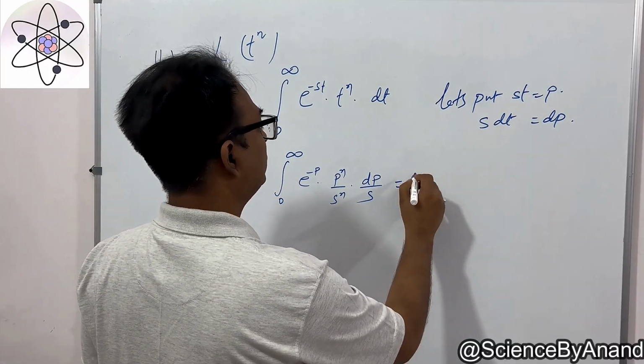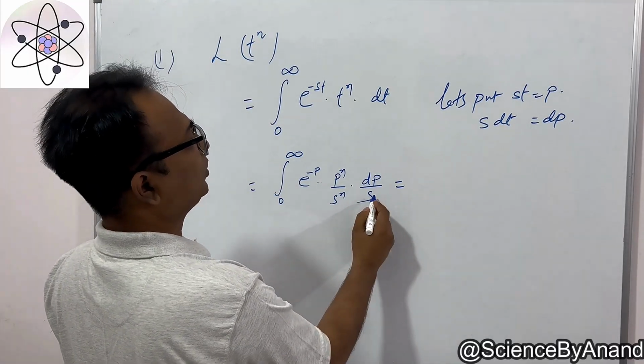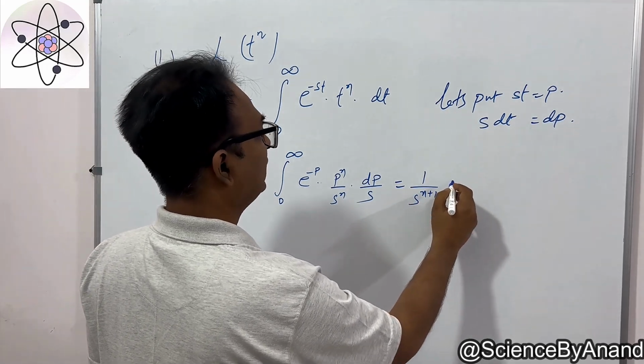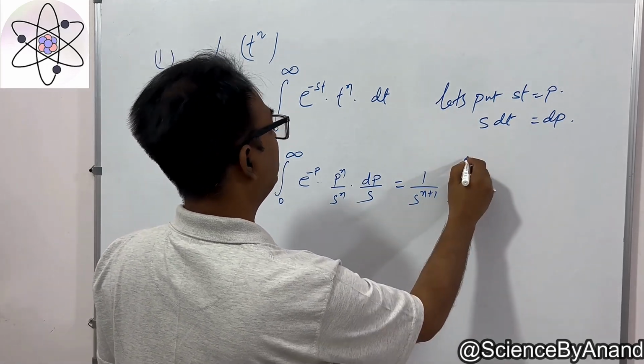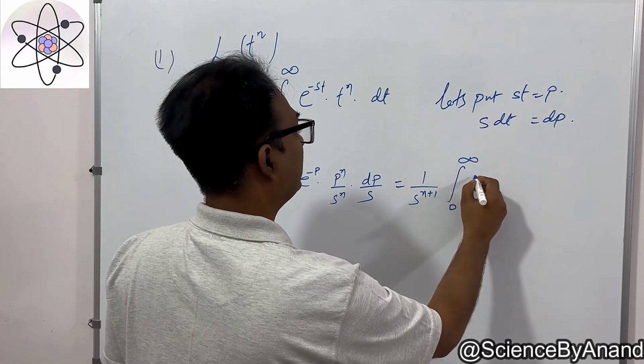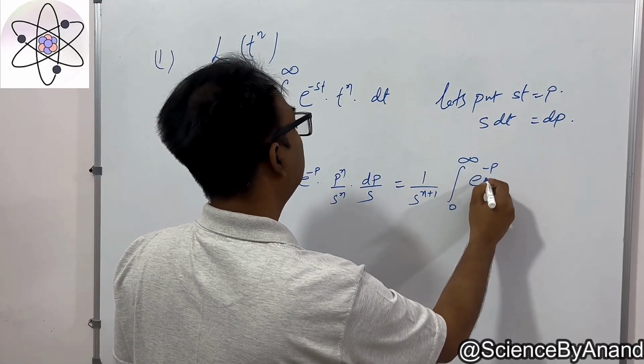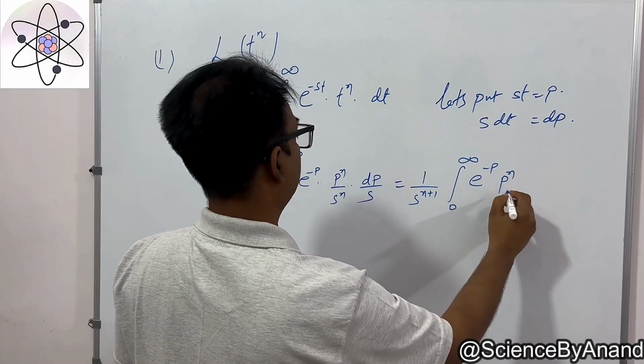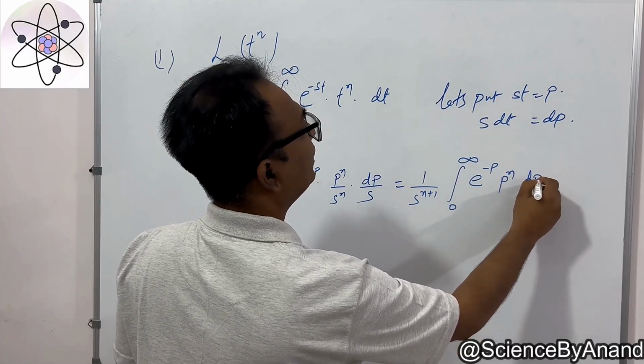This is s to the power n plus 1. So we take it out, this is a constant, s to the power n plus 1, integral 0 to infinity e to the power minus p, p to the power n dp.